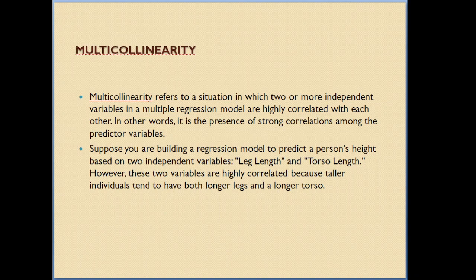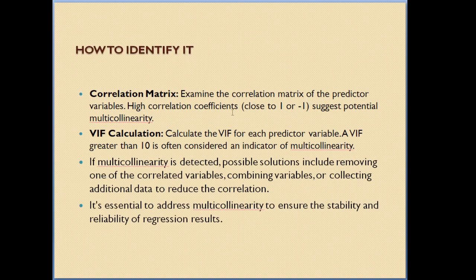Now next, how to identify this multicollinearity. First we need a correlation matrix. We examine the correlation matrix for the predictor variables to see which ones are correlated. A high correlation coefficient close to 1 or -1 suggests potential multicollinearity.